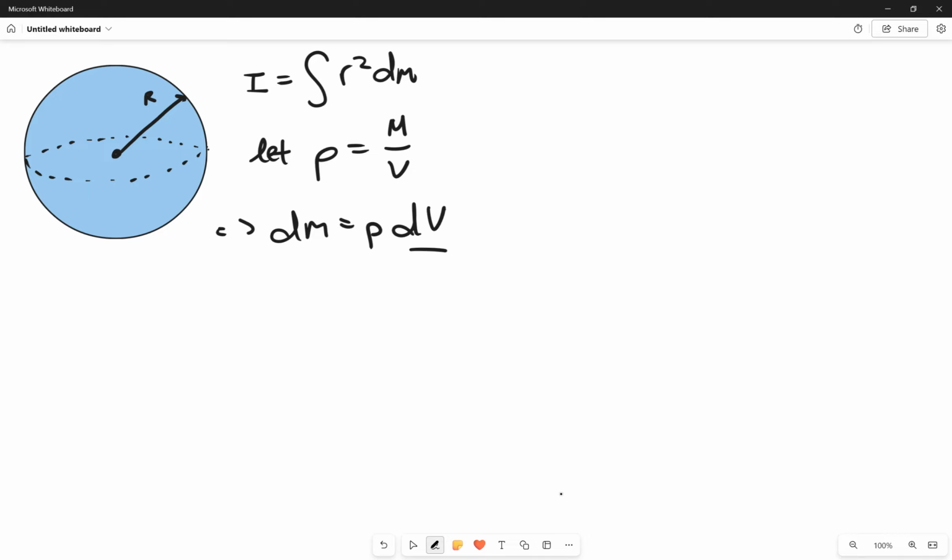And so now we need a dV. Well, I know that the volume of a sphere is just 4/3 pi r cubed. So if I differentiate this with respect to r, I'm going to get dV equals 12/3, which is 4 pi r squared dr. So now we have a dV.